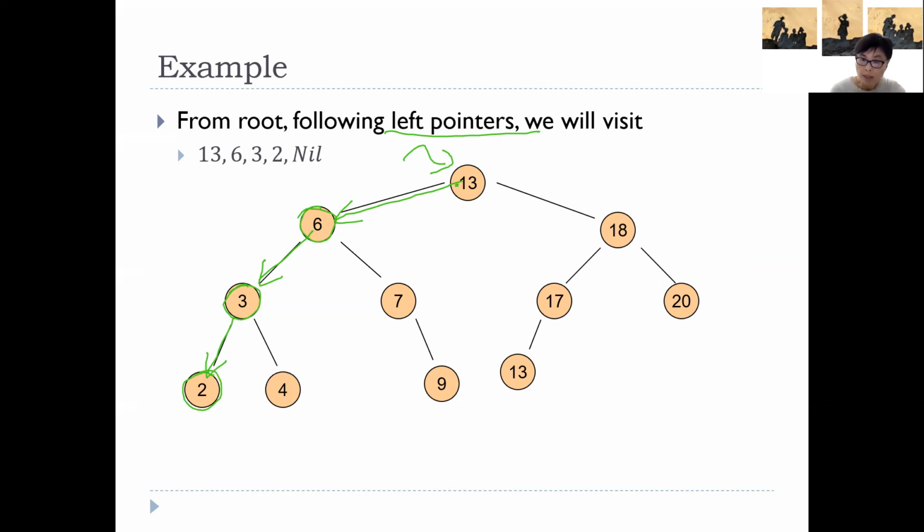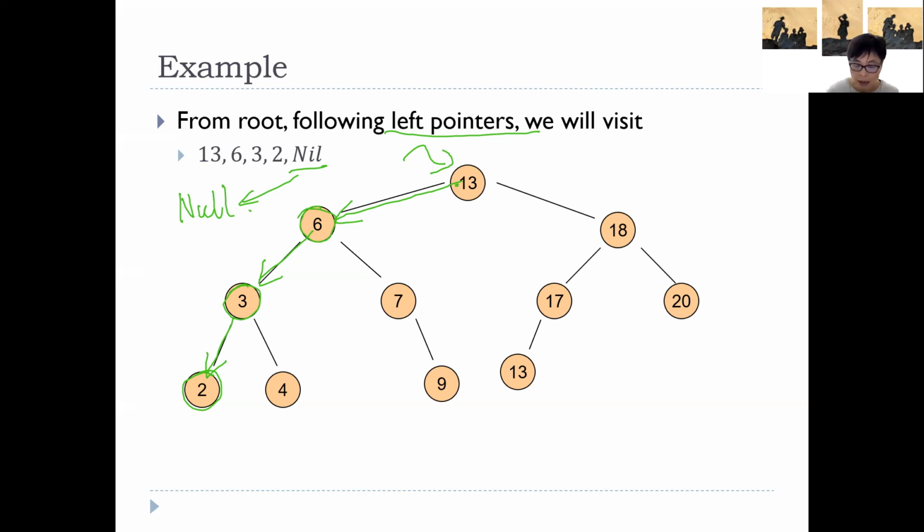Then 2 is a leaf node, which means that both of its left and right children are empty, so we use nil, or sometimes null, depending on whatever programming language you're using. It's basically a null pointer. By following these pointers, we can move around in the tree.